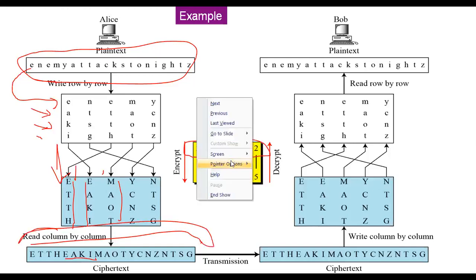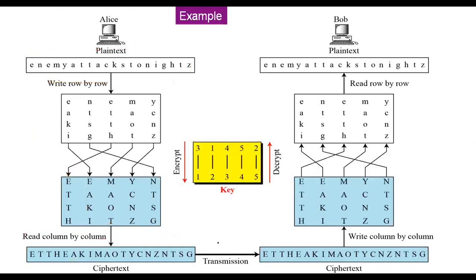At the decryption also, on the recipient side, they have received this ciphertext. Now they do the same thing in the reverse process. First, this data is written column by column.